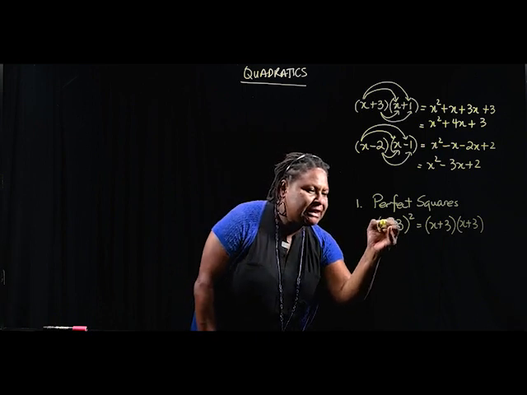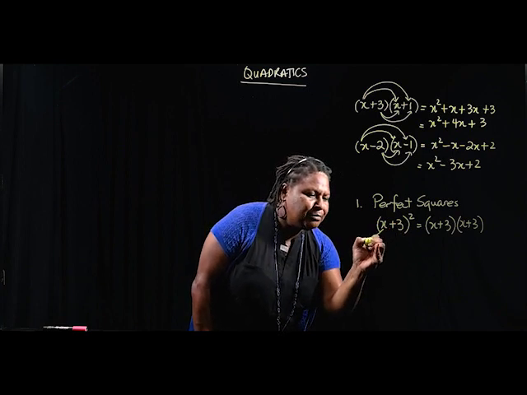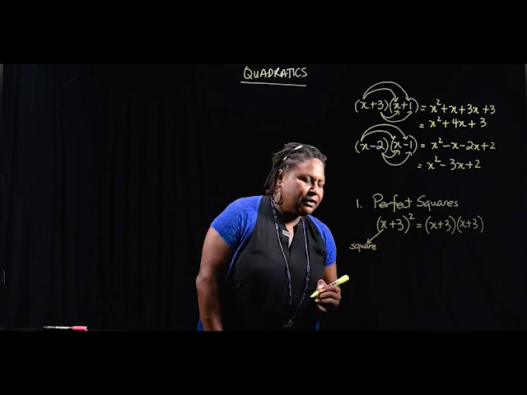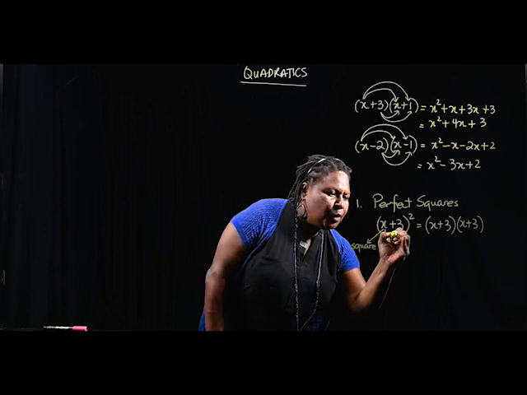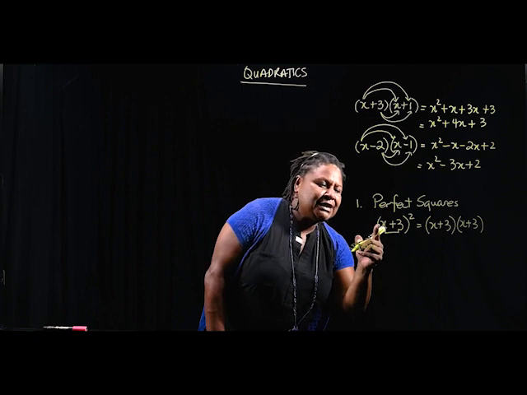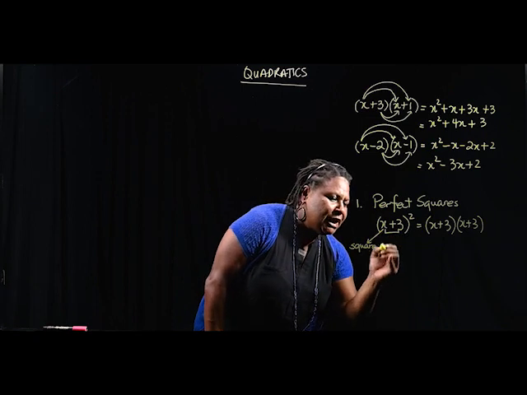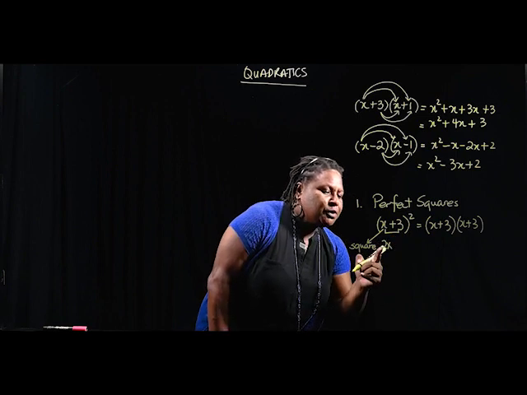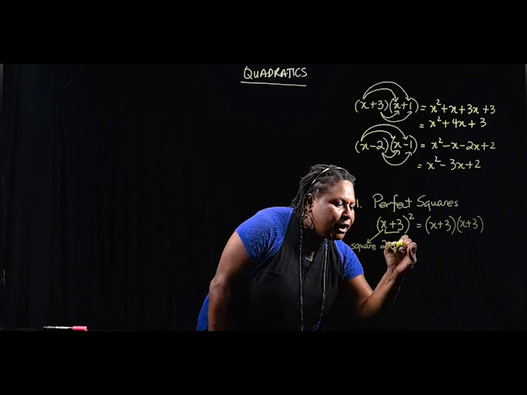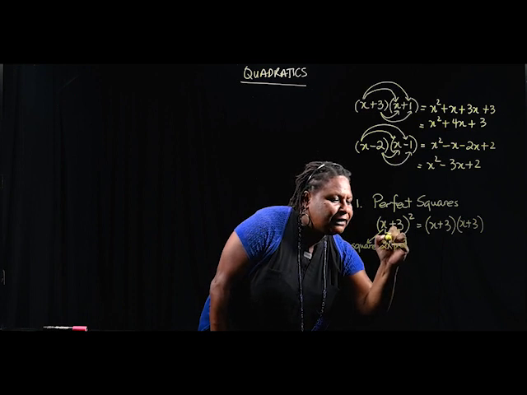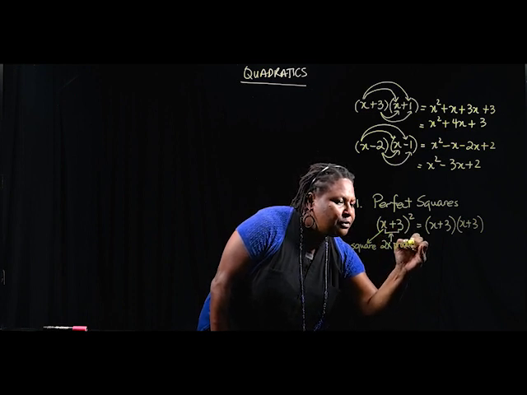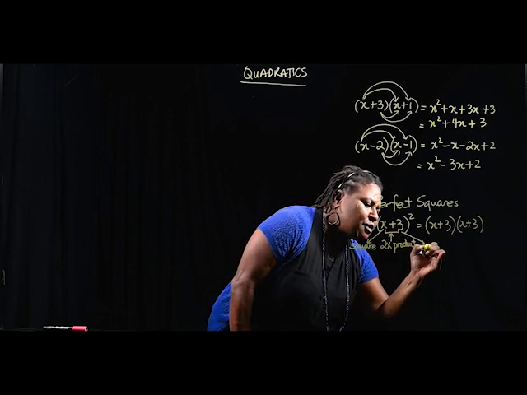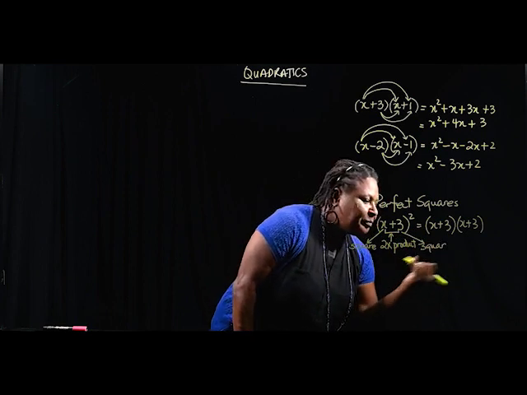The general rule states that we square the first term, then we multiply the first term by the second term and multiply by 2, so 2 times the product, and the second term will also be squared.